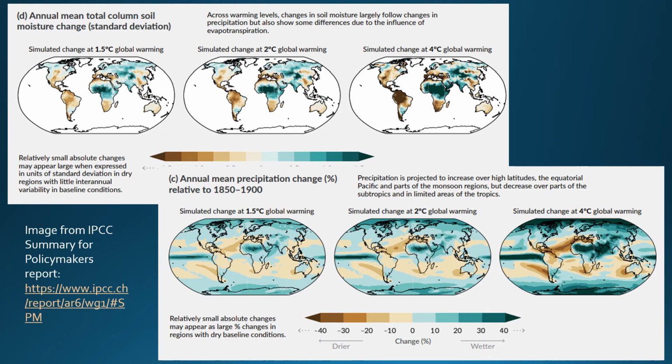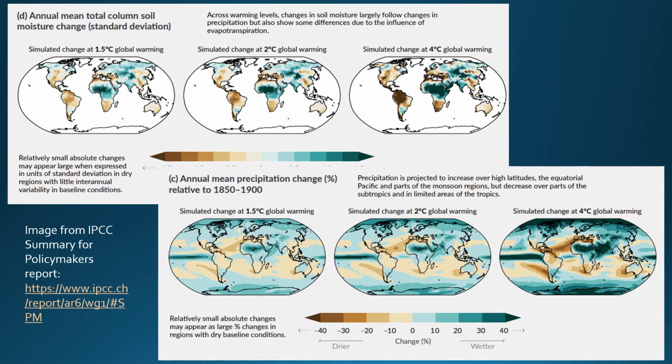On the top box with 3 global maps, we are seeing how soil moisture will be affected by increasing global average temperatures. And you can see that many regions across the globe, which are also shown in brown, will see a decrease in soil moisture as temperatures increase and sometimes as precipitation decreases.